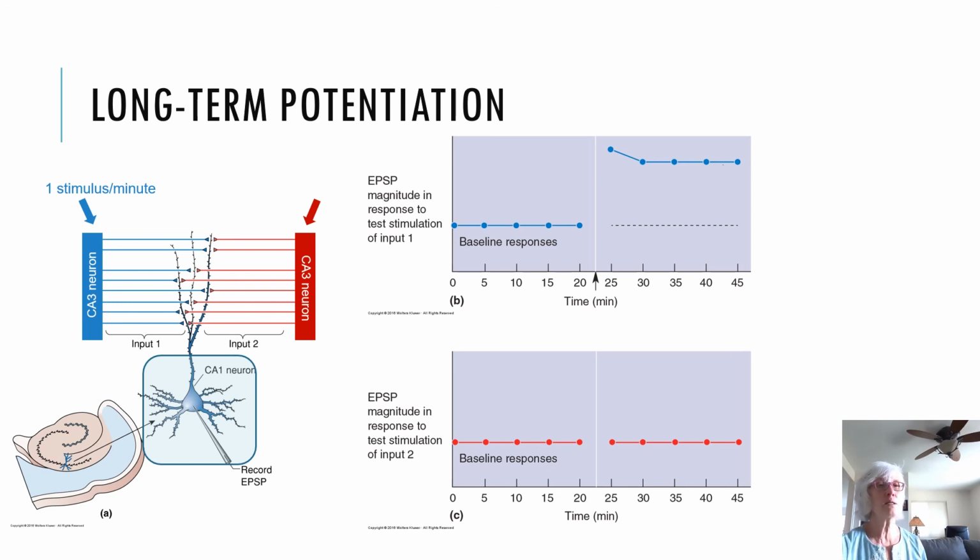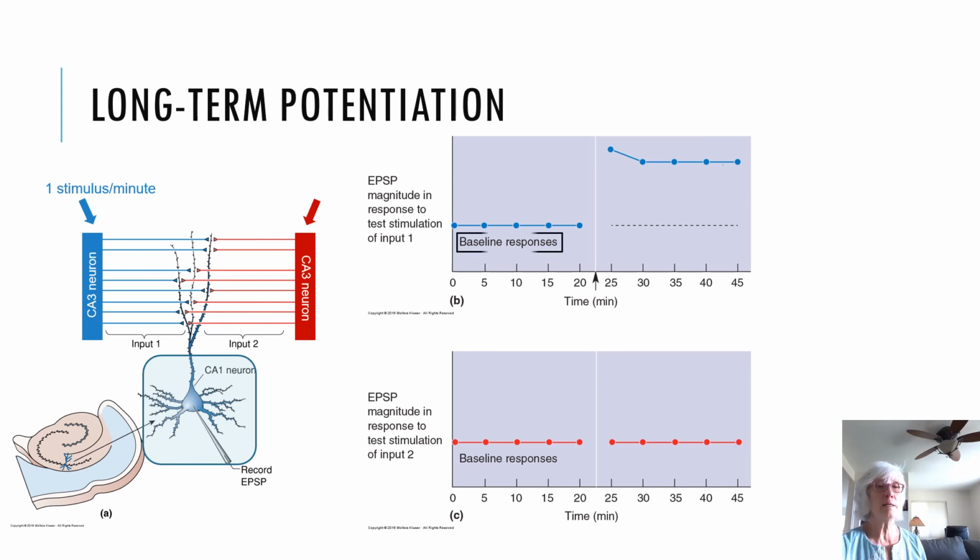Both of these CA3 neurons are going to be stimulated at a rate of one stimulus, so one electric pulse every minute. So that's simply providing us with a baseline or a background to basically tell us that the CA1 neuron is responsive and alive and all of that sort of stuff.